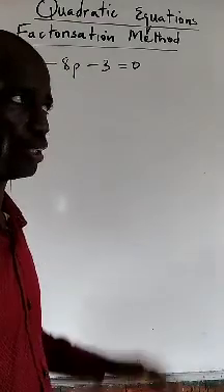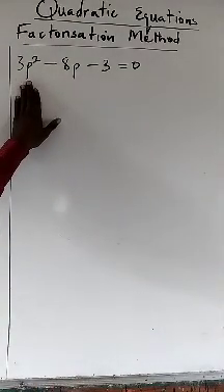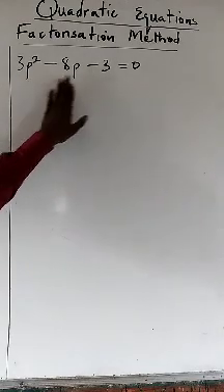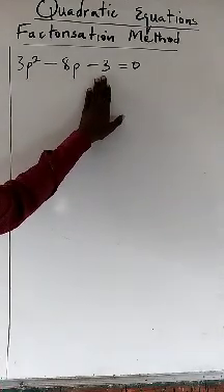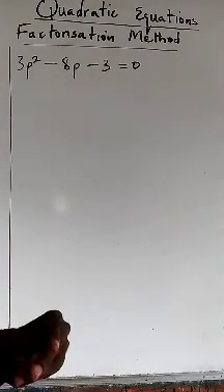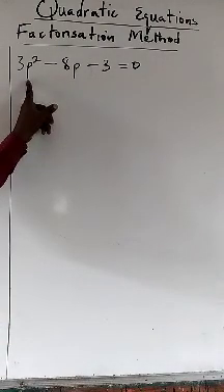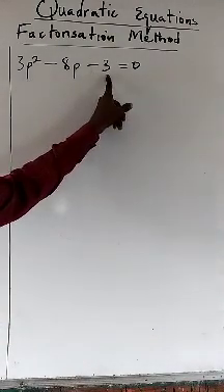Now, look at this. If you want to solve this, you have to solve 3p squared minus 8p minus 3 equals 0. If you want to solve this, you are going to go through two important steps. Step 1 is to multiply the first term and the last term together.